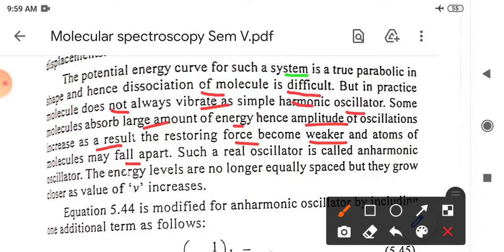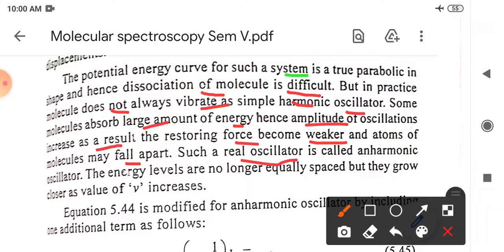If the vibrational motion becomes very high, then the restoring force holding the two atoms together is not sufficient to hold them anymore. So the two atoms will separate, and the molecule will fall apart.